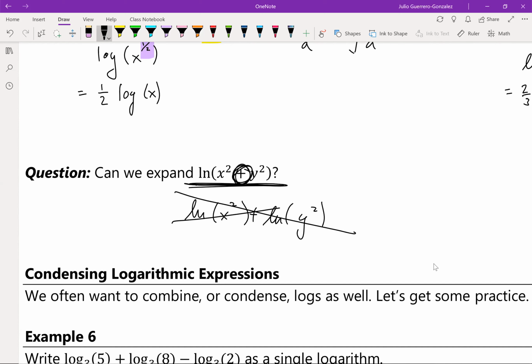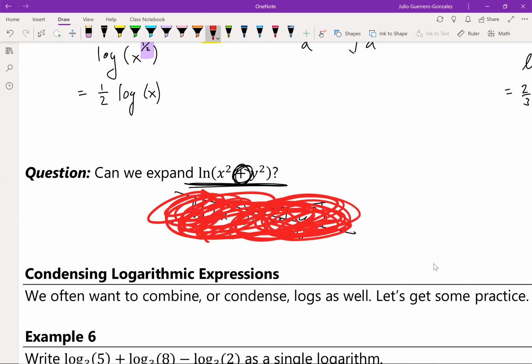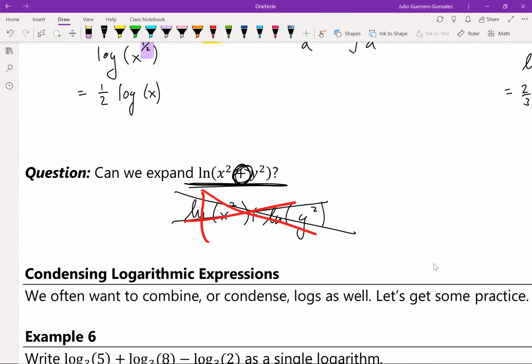This never happens. Never, never, ever, ever. Every time you do this, a little puppy dies, okay? I'm just kidding. Just keep that in mind. This can never be split up. So this is the problem here. So you can't split it up.